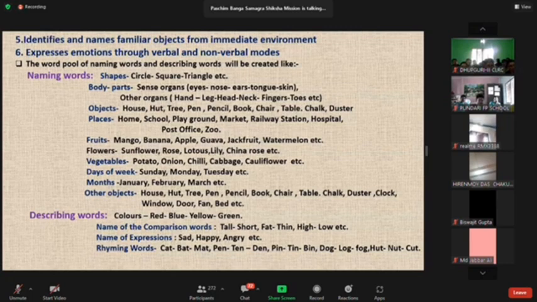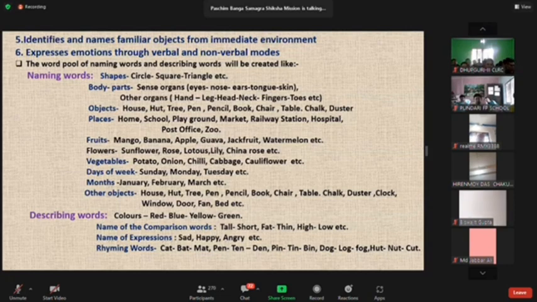In the case of places: home, school, playground, market, railway station, hospital, post office, and zoo. In school we already have some picture cards provided from the Samagra Shiksha Mission. We can use them. If they are not there, we can prepare them, or if that is also not possible, we can buy them from the market.